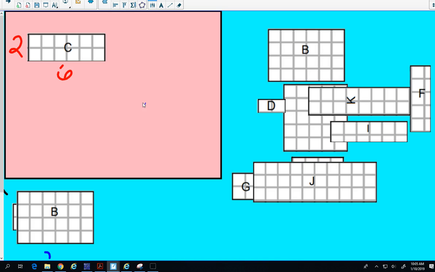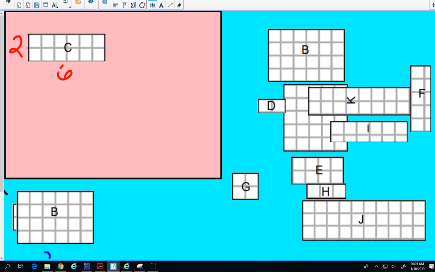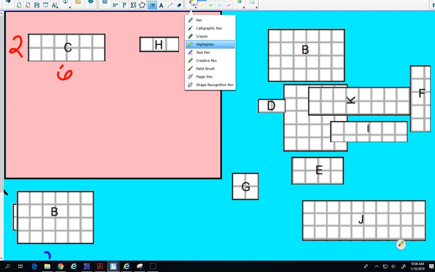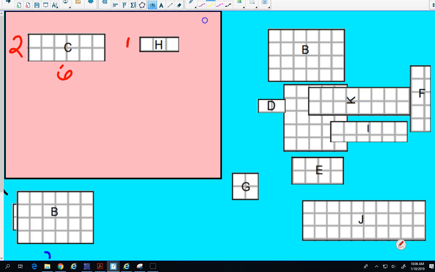Lauren? She says H. Which one? Why do you think that they go together, Lauren? Okay, so she found that the 1 goes with the 2 and the 3 goes with the 6.